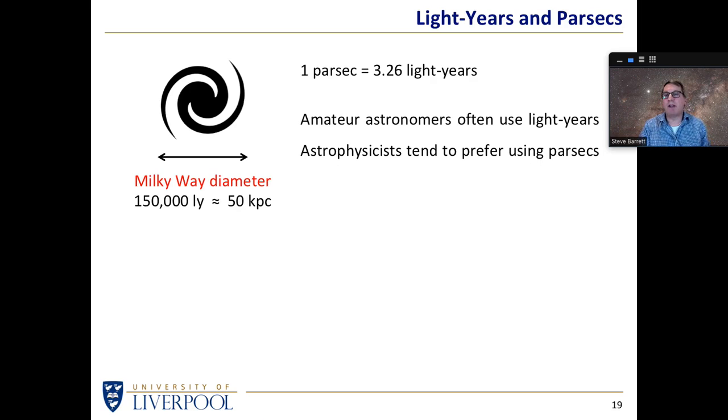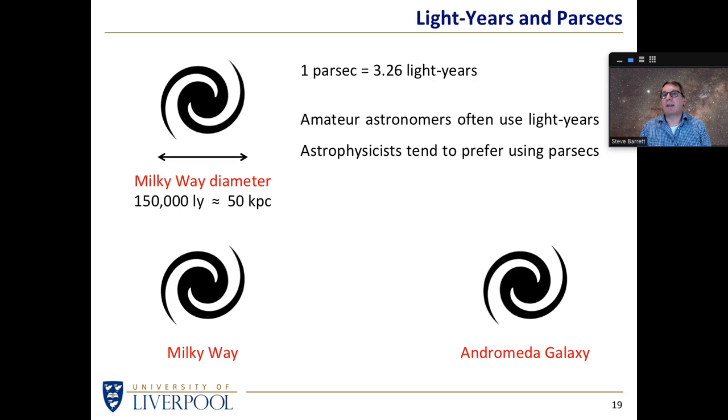And if we remind ourselves that the Milky Way is something of order 150,000 light years in diameter, that's approximately 50 kiloparsecs. And again, it's a useful rule of thumb to say that typical distances between stars is about a parsec. And if we think about how far apart galaxies are, let's just take the Milky Way and Andromeda as a yardstick.